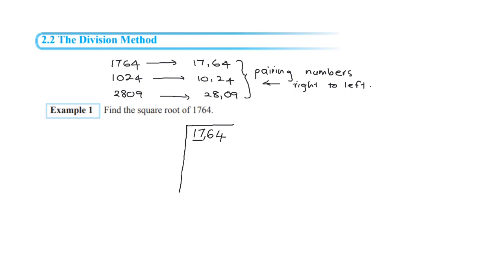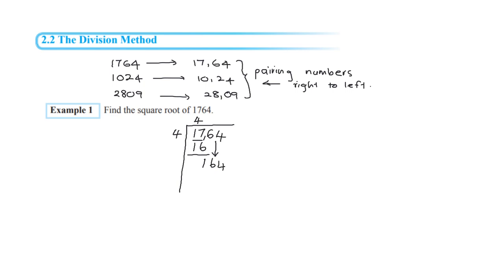So that is 16. The square root of 16 is 4. I put 4 there. 4 times 4 makes 16. Then we subtract 16 from 17. We have 1 remainder. Then we take the next pair, 64 there.